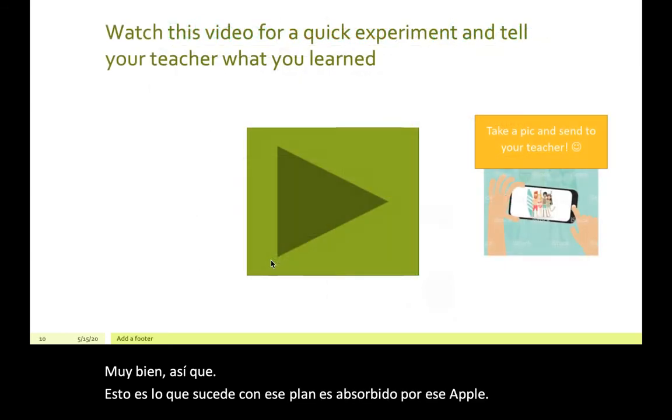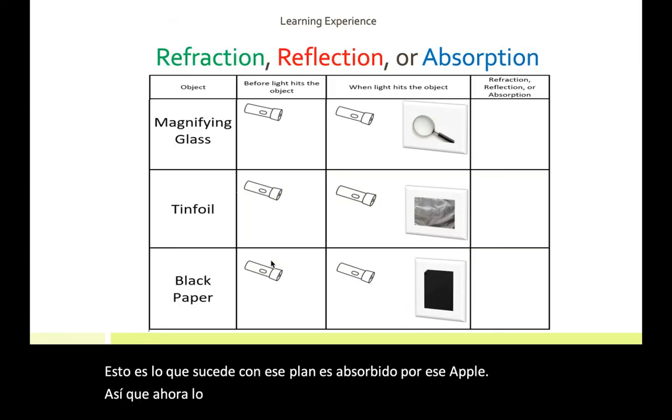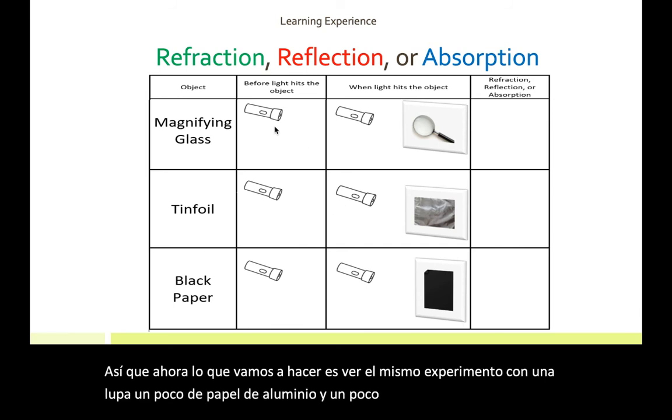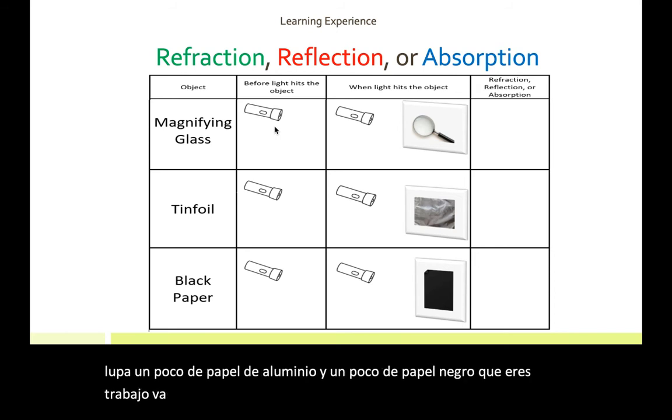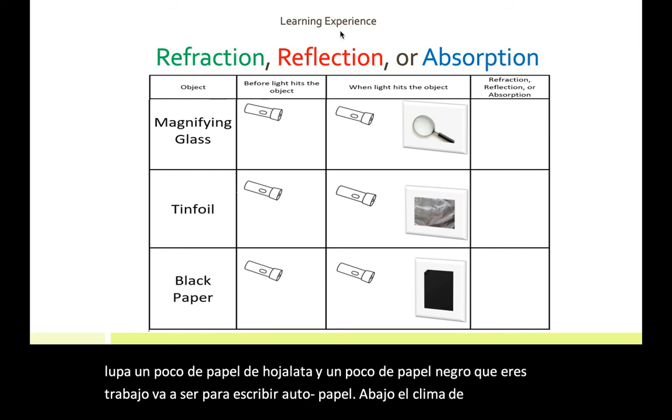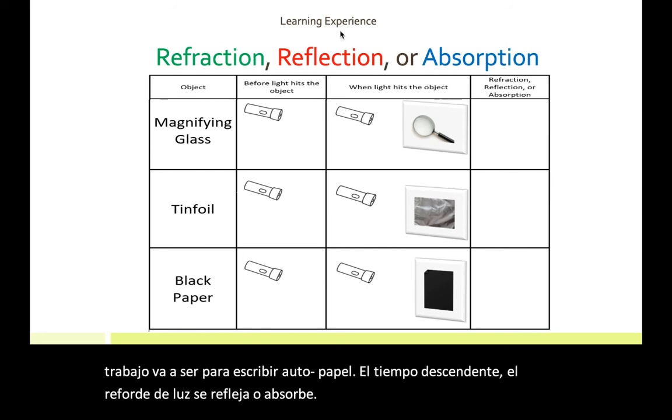So now we're going to look at the same experiment with a magnifying glass, some tin foil, and some black paper. Your job is to write down, on a piece of paper, whether the light refracts, reflects, or absorbs when it hits the magnifying glass, the tin foil, and the black paper.